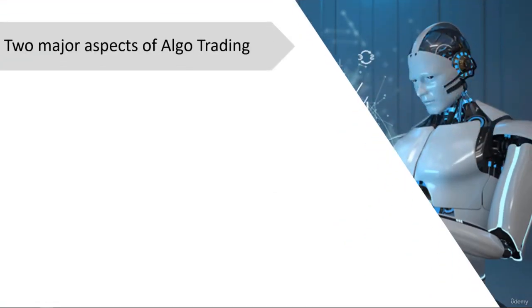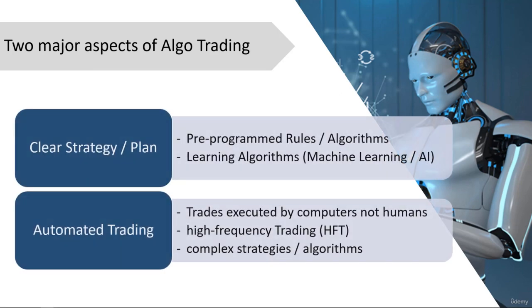There are two major aspects of algorithmic trading, and first of all, trades follow complex or too fast for the human brain.